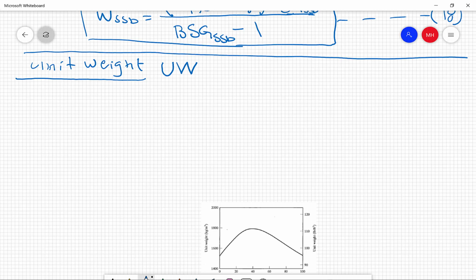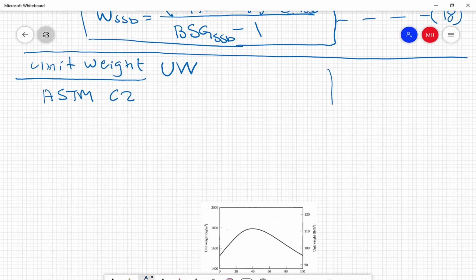So the unit weight effectively measures the volume that graded aggregates will occupy in concrete, and includes both solid aggregate particles and the voids between them. So the unit weight is simply measured by filling a container of known volume and weighing it, according to ASTM C29.